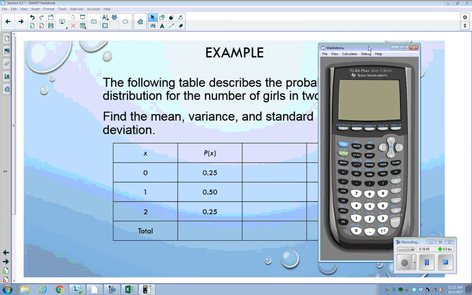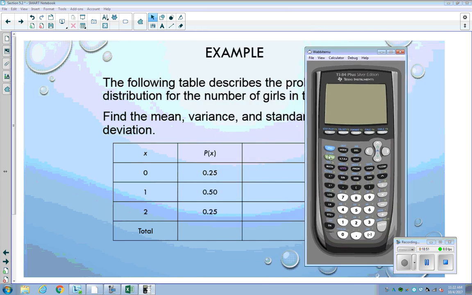So, in our calculator, just like we have before, we're going to go to Stat, and we're going to edit, because I'm going to put my lists in just like I did before. For L1, I'm going to put the actual variable itself.